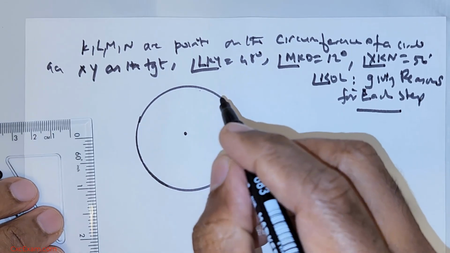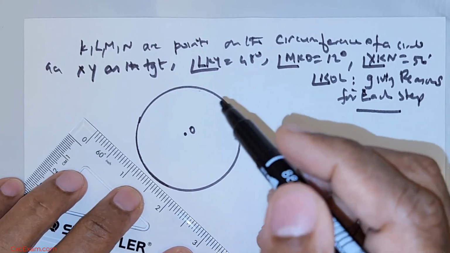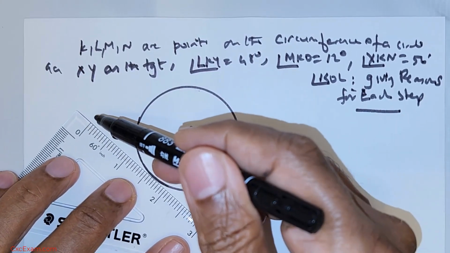This is the center. I'm going to mark it as O, and there is this tangent.